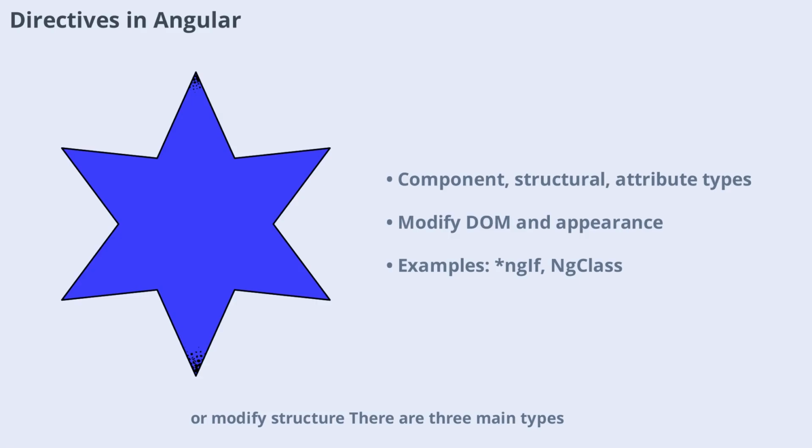There are three main types: component directives, which have a template and act as custom elements; structural directives, which modify the DOM layout, like *ngIf and *ngFor; and attribute directives, which change element appearance or behavior, such as ngClass and ngStyle. Mastering directives is key to creating dynamic and responsive user interfaces in Angular.